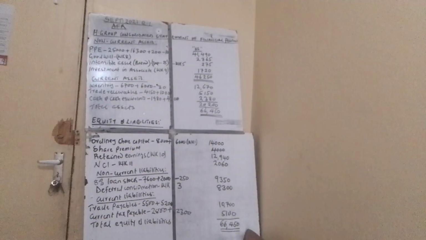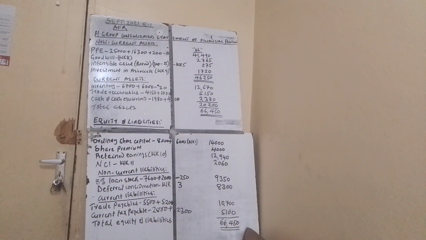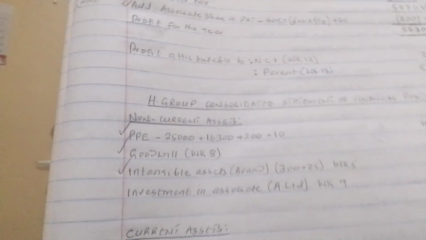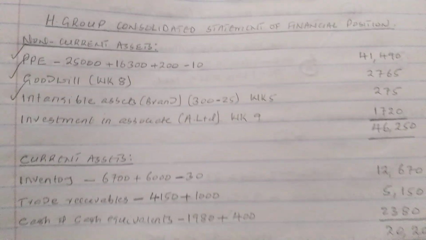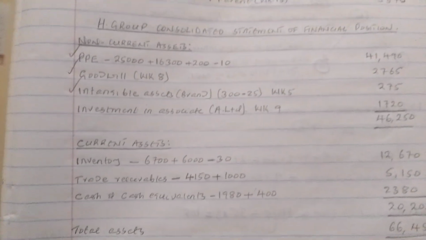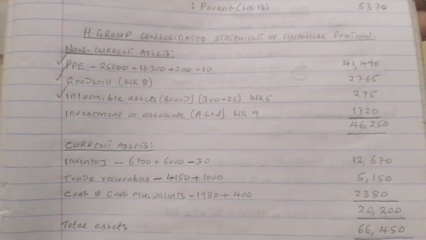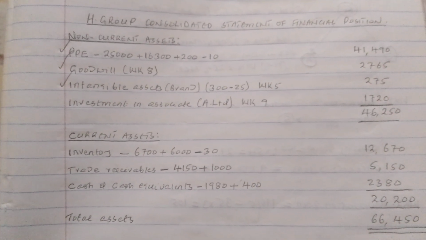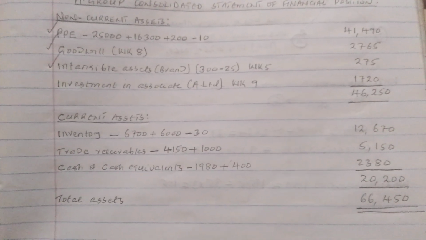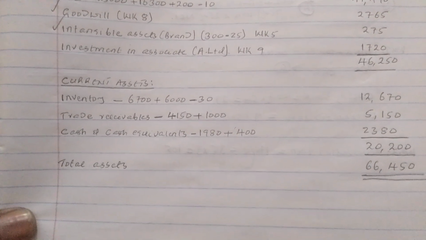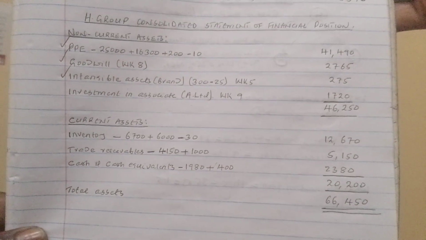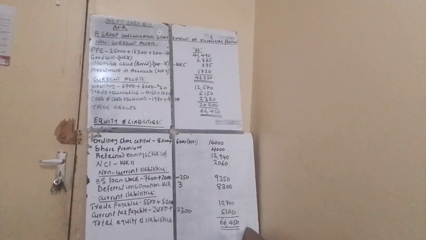Now we go to answer number 5, which was my focus now. I presented before I got to, because that is appearing on the whiteboard, but if you can see it well, the consolidated statement of financial position would look something like that. PP, goodwill, intangible assets, investment in associates, current assets are there. Then total assets are there.